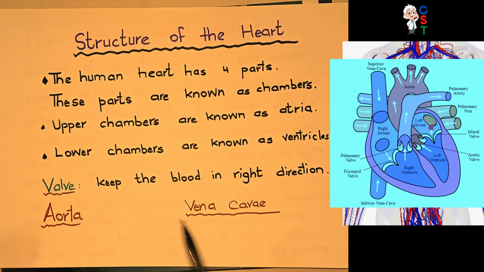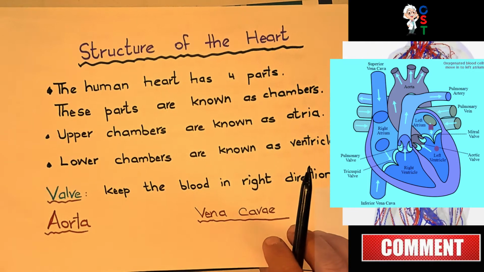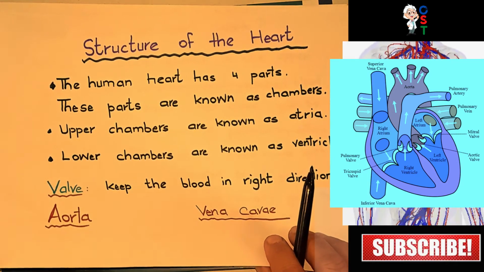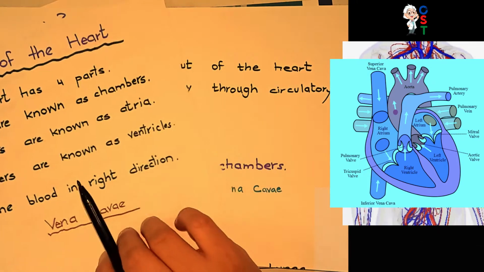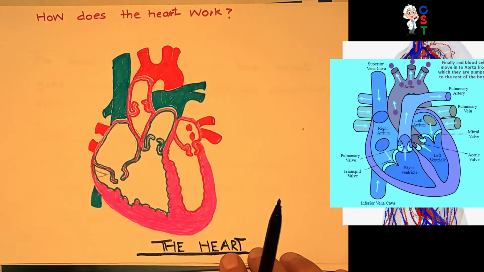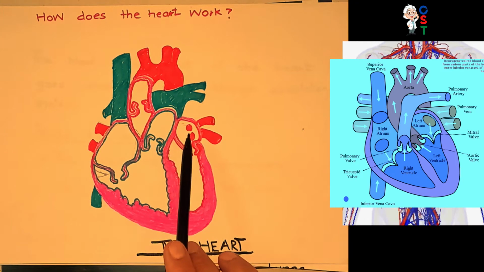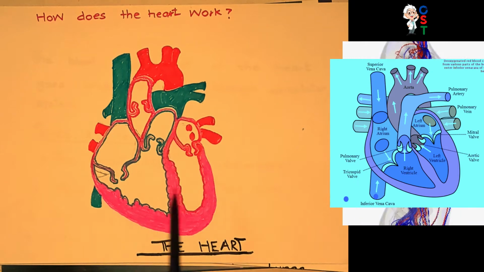Okay, so this is the structure. I just want to show the diagram as well. The heart has 4 chambers: 1, 2, 3, 4. Right side, left side.